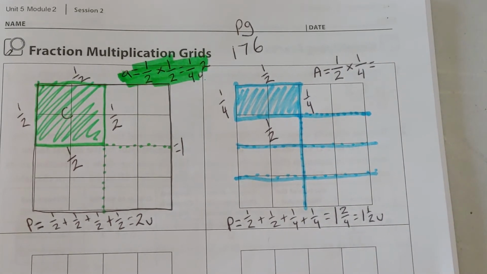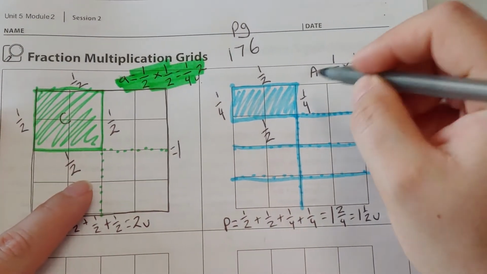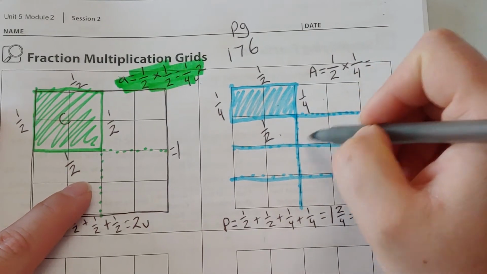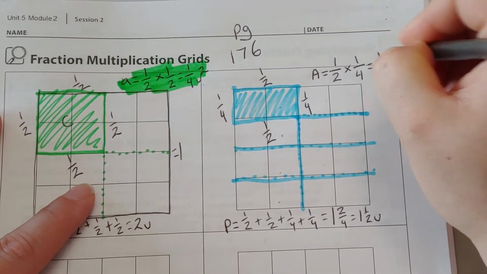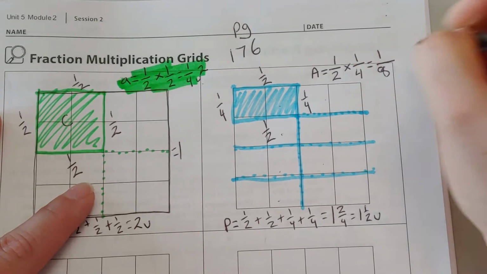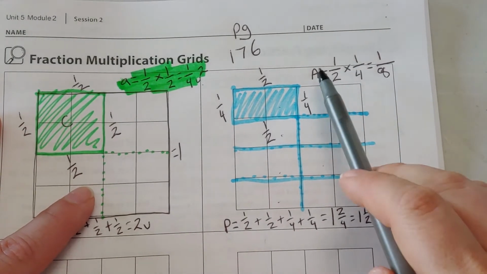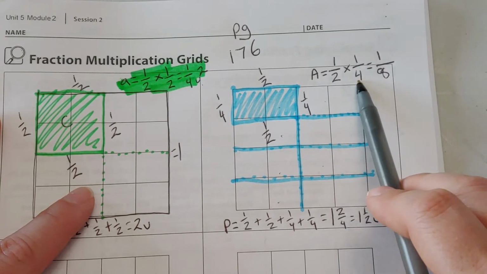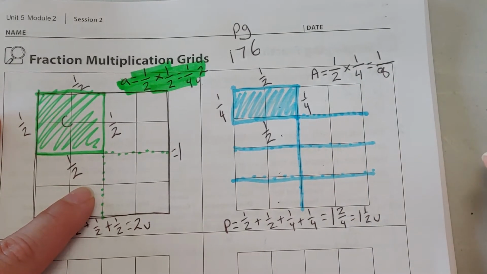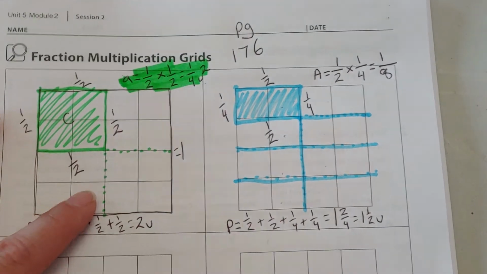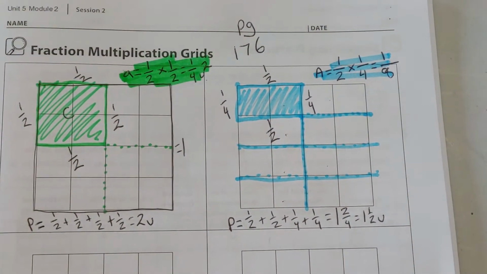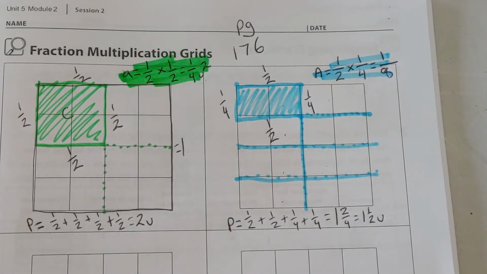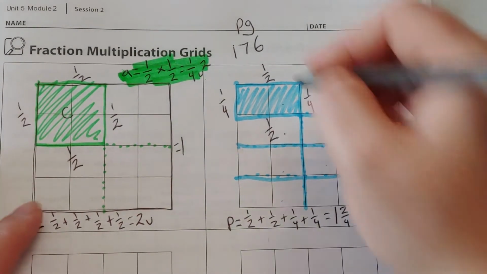So what is the area of the blue figure? Well, there's 1, 2, 3, 4, 5, 6, 7, 8. And one of them is colored in. So 1/2 times 1/4 equals 1/8. I'm going to highlight it because this is what we're focused on today. And yes, that was B.